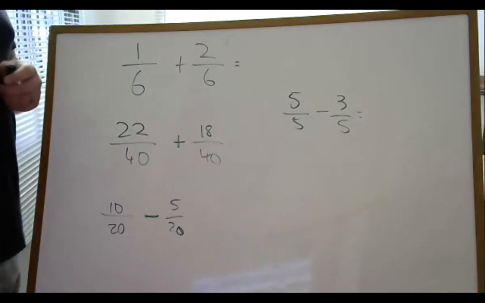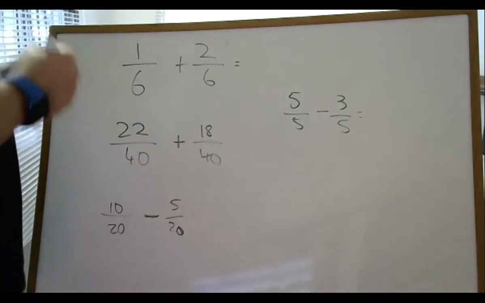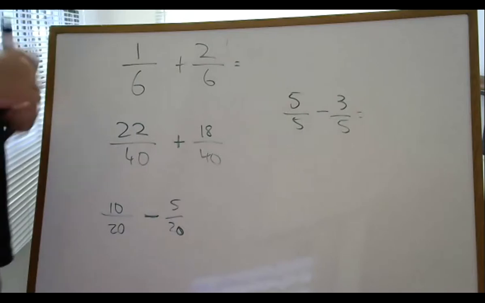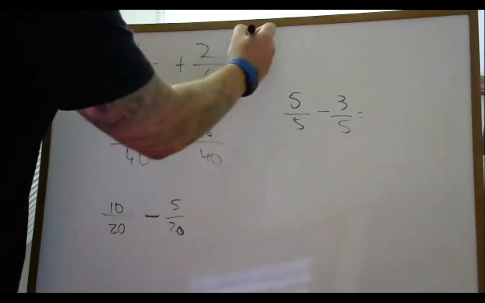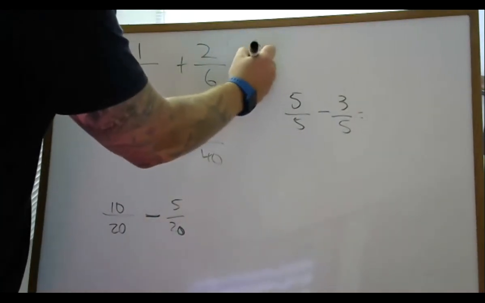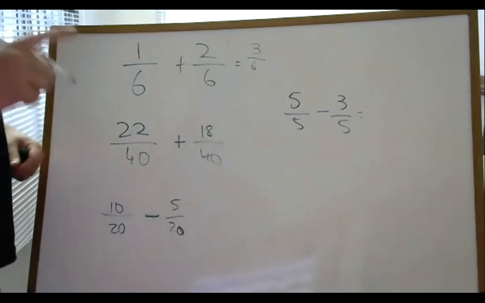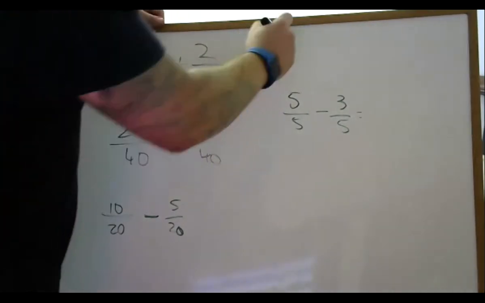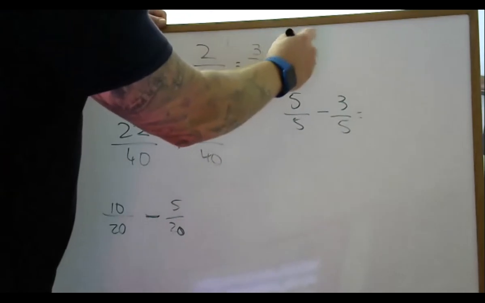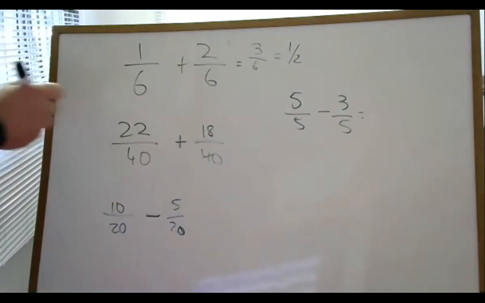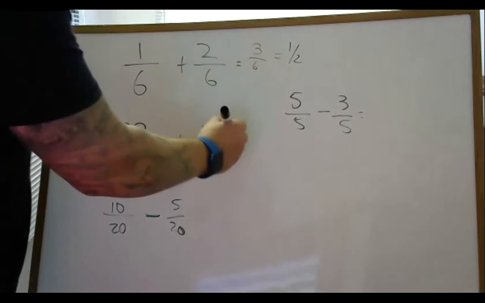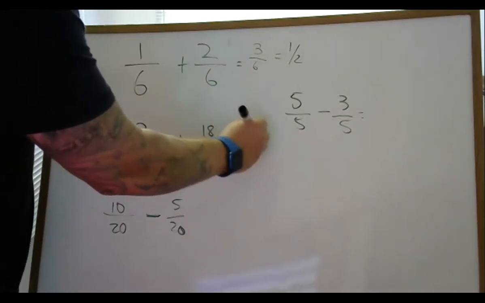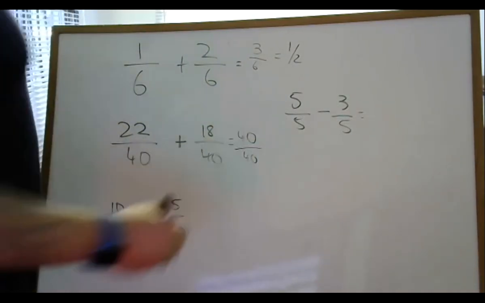Okay. So if we have 1/6 and 2/6, we end up with 3/6. Or, as Izzy's just pointed out in the chat, 1/2. So this one we would end up with 40/40 or 1.